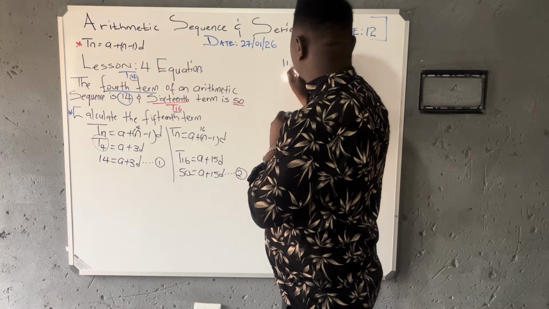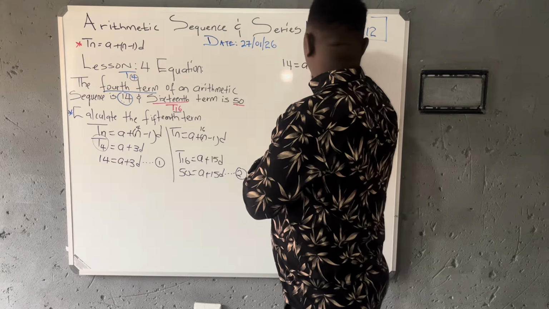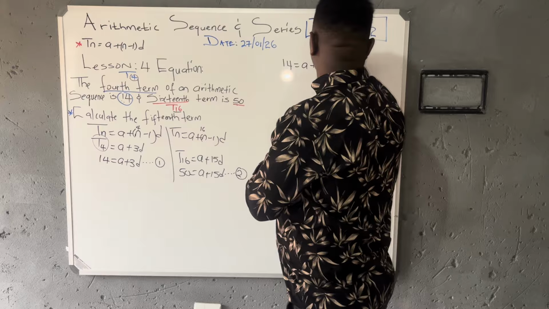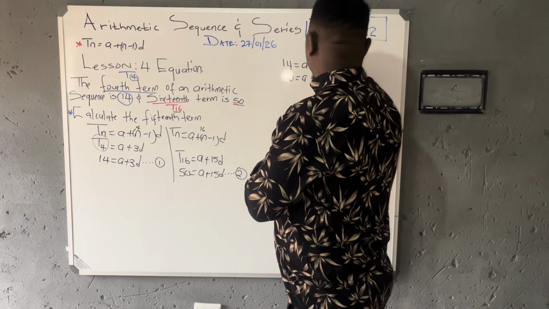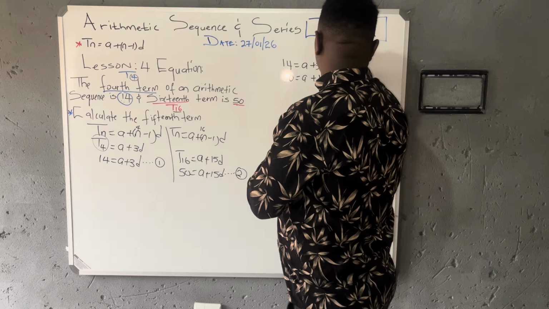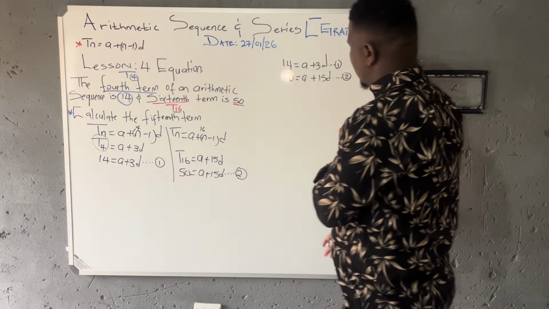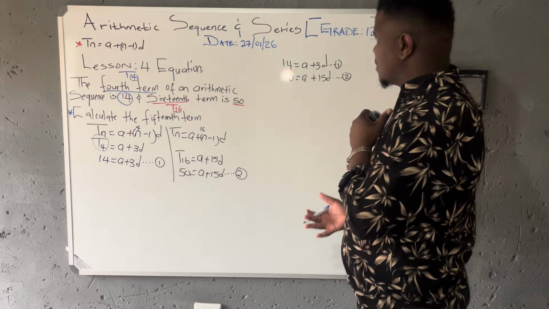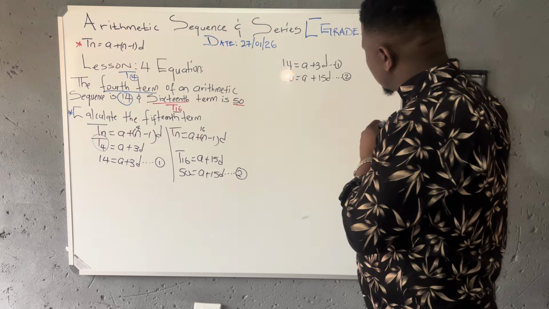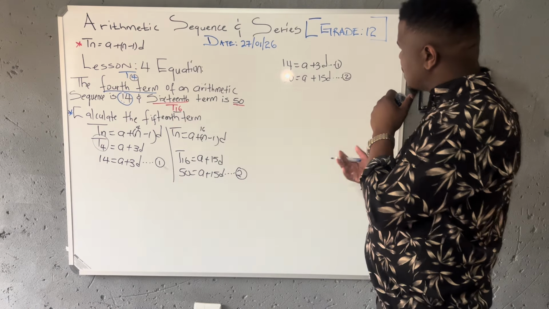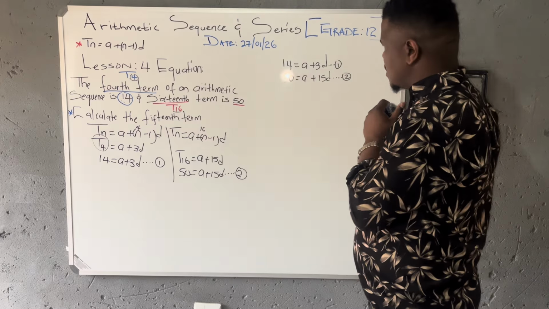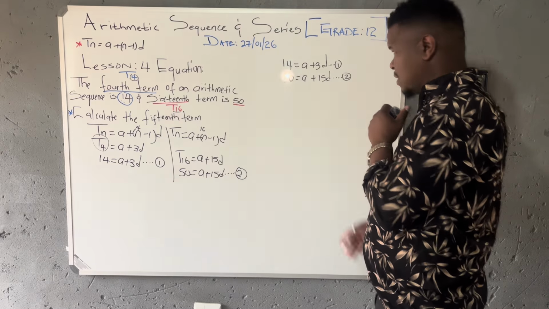The first one was 14 equals A plus 3D. The second one was 50 equals A plus 15D. It's up to a learner which simultaneous equation method you are applying. We've got the elimination method and the substitution method, but with either one of the two, the answer will still be the same.